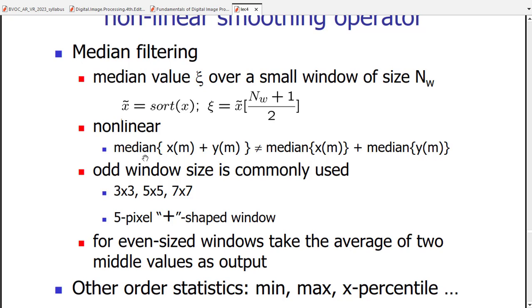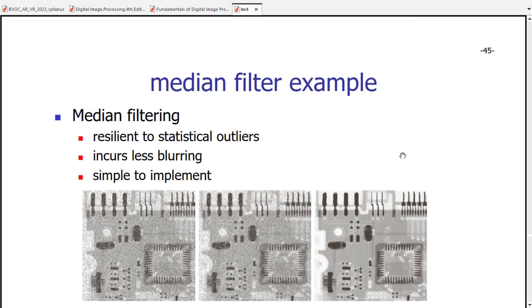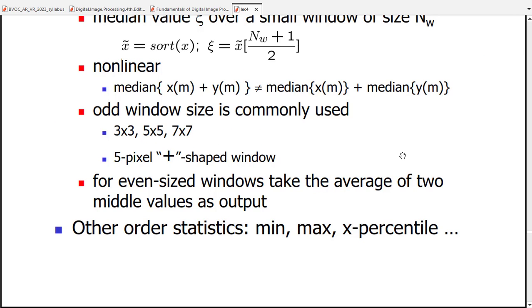So it is non-linear: the median of x of m plus y of m is not equal to the median of x of m plus the median of y of m. For an odd window, commonly used sizes are 3 by 3, 5 by 5, 7 by 7, or a 5 pixel plus-shaped window. For an even window, the output is the average of the two middle values.